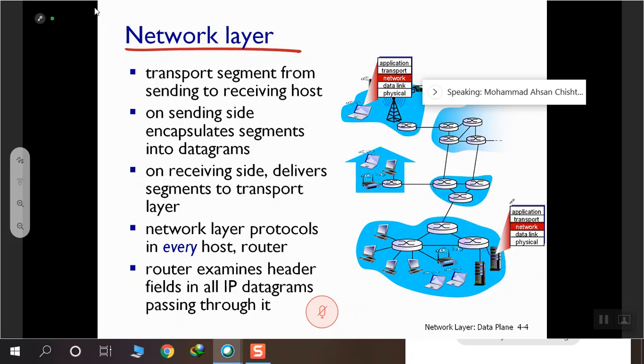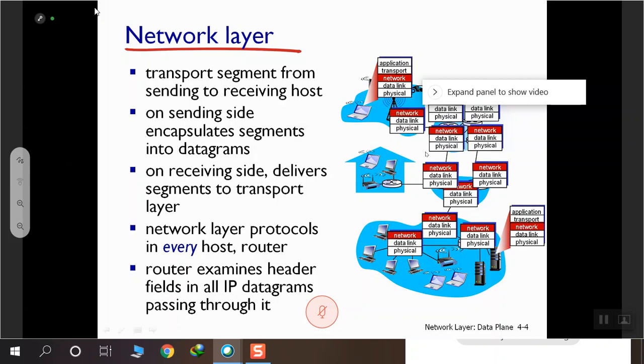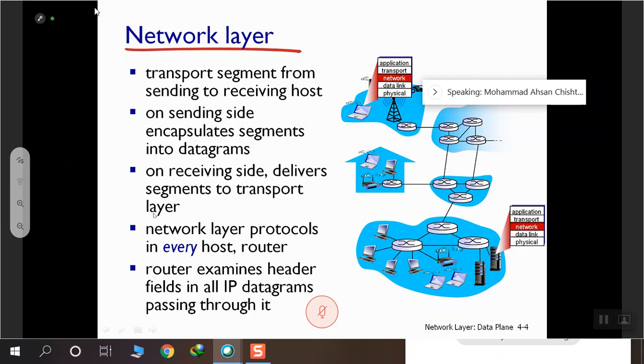Another thing that you see in this figure is the presence of routers. You do not see any other device other than routers here. There are no switches, no hubs, no bridges in between. Why?